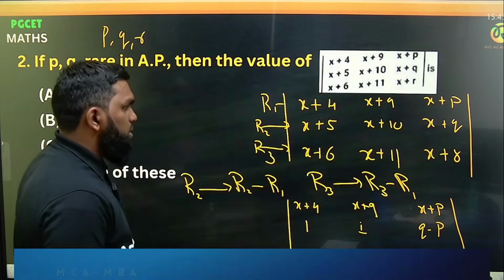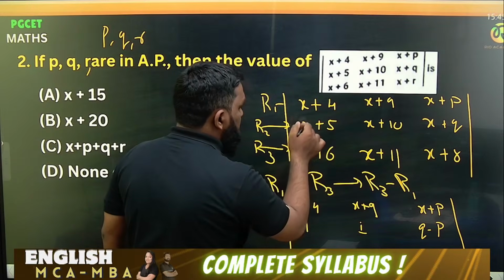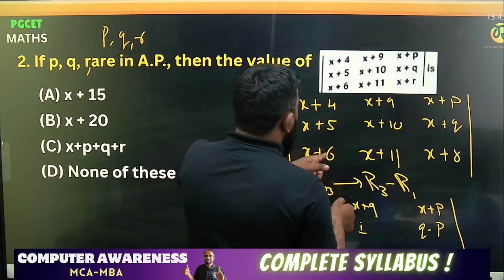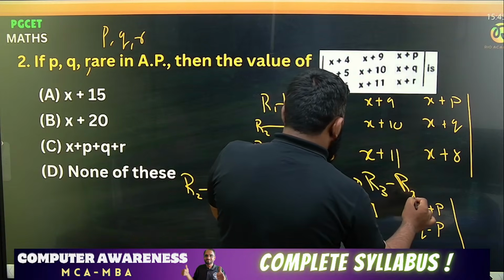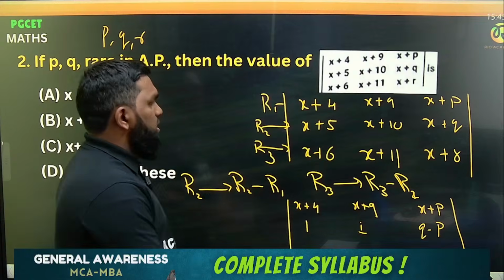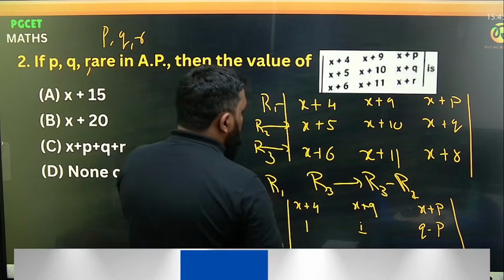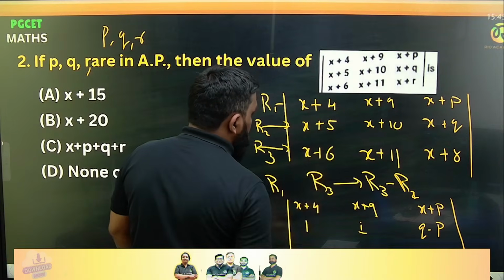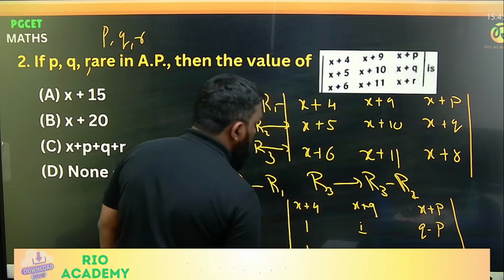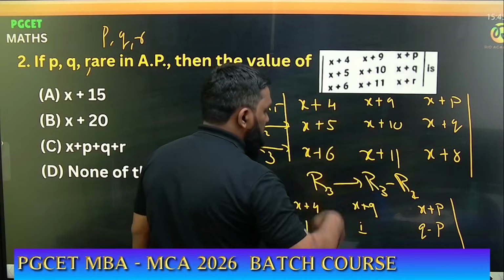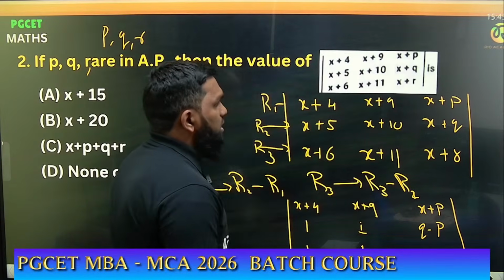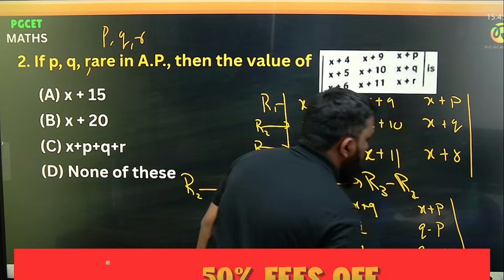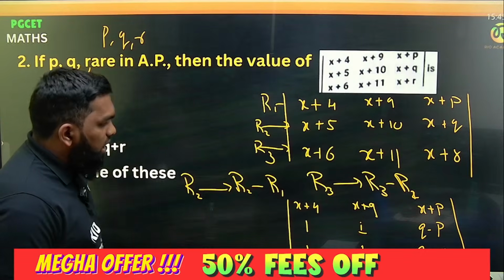Then again x gets cancelled, R3 minus R2: 6 minus 5 is 1, 11 minus 10 is 1, and the last entry is q minus r.